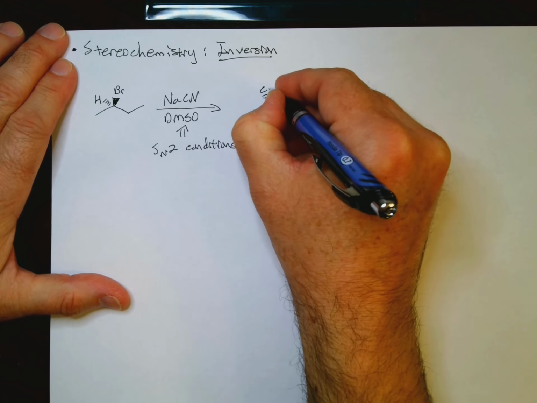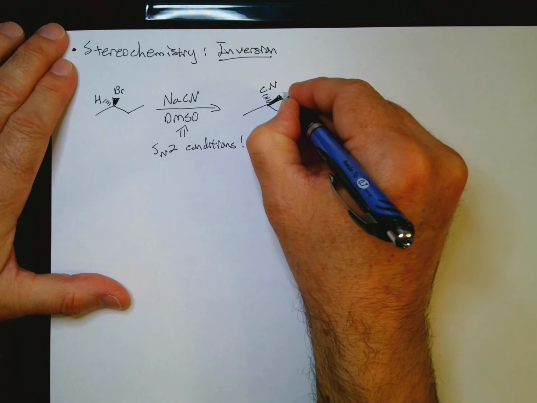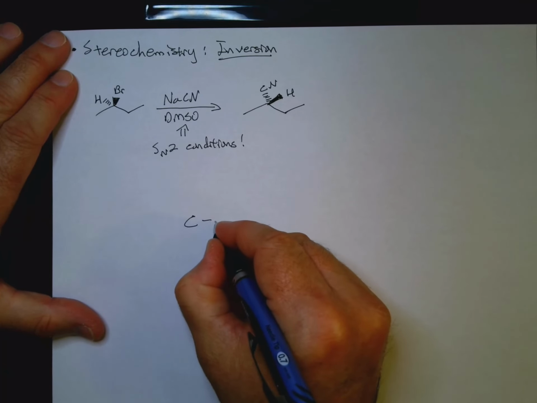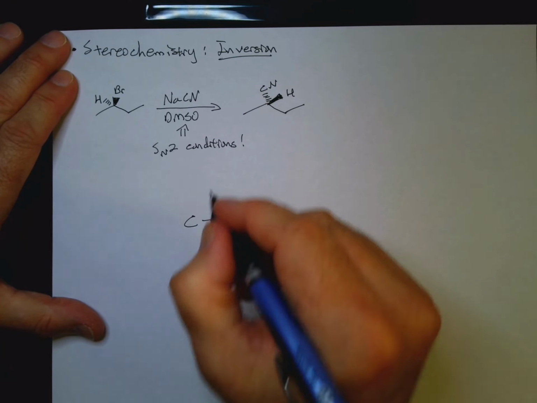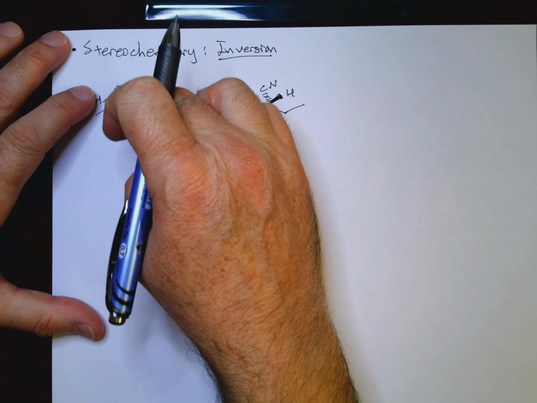And so what we will get is inversion. So I'll have CN from behind, and the H will now be in front. And again, if we were going to look at it, we'd have the C-Br. Let me rotate that guy.